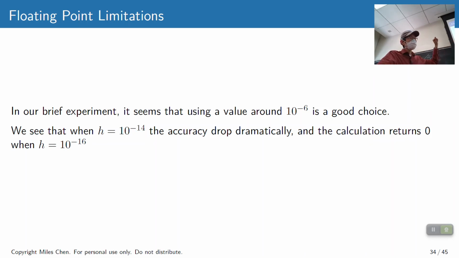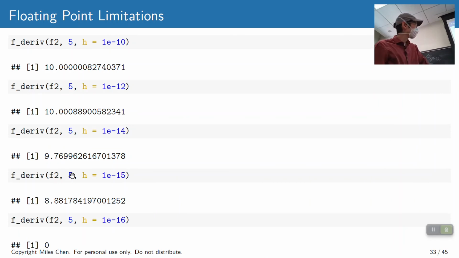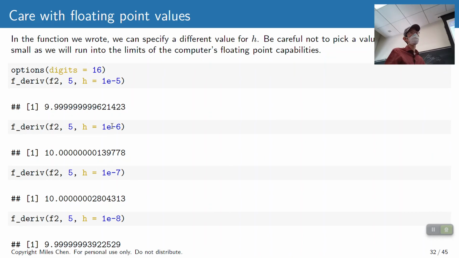Just shrinking h to be as small as you can possibly make it isn't actually going to give you more accurate results. And depending on what number you're using, so here I'm doing 5. For 5, 10 to the negative 6 is a decent number to add or subtract. But what if I want to find the derivative at x equals 1,000,000? If x is equal to 1,000,000, then I probably have to add a much bigger number, right?